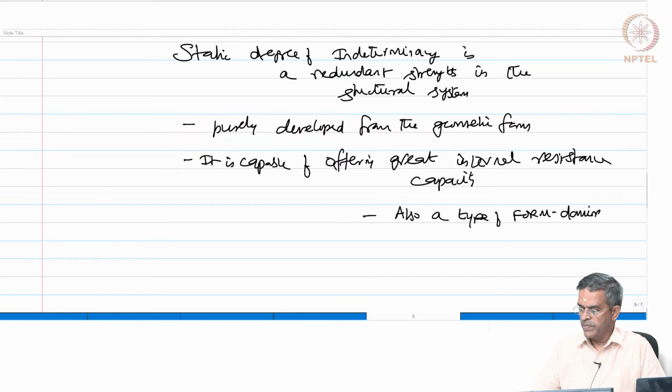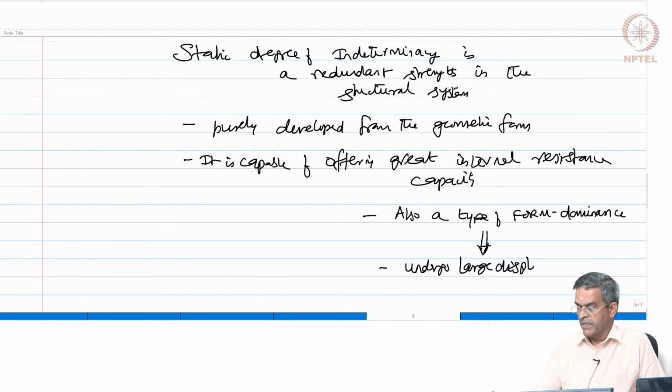But we are not talking about this. We went one step beyond this. We allowed the structure to undergo large displacement, and by virtue of large displacements, they interact or counteract the loads.